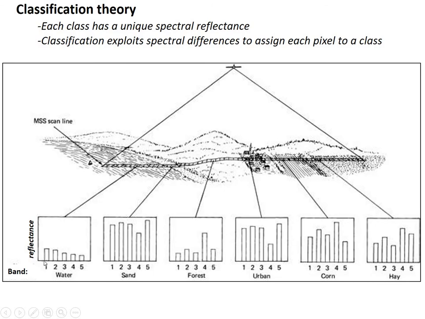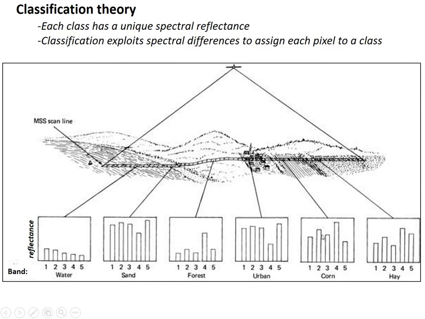Each of these plots shows, in bar graph form, unfortunately, the spectral reflectance signature. So water reflects a lot in the visible and then reflects less as you go out in the infrared. Sand reflects high in all of the satellite bands, okay? So each of these classes or land cover types has a different spectral signature, reflectance signature.